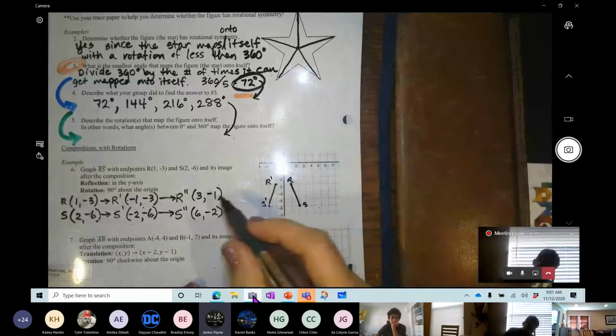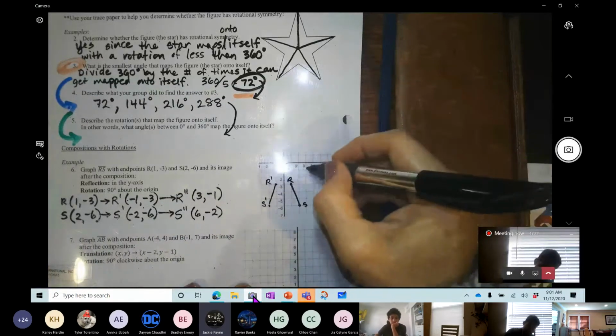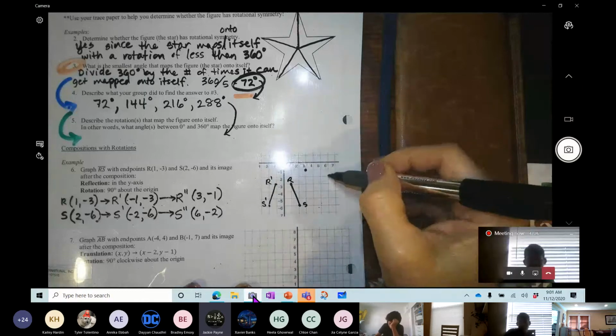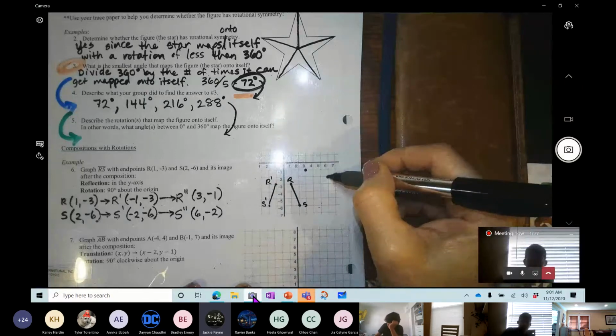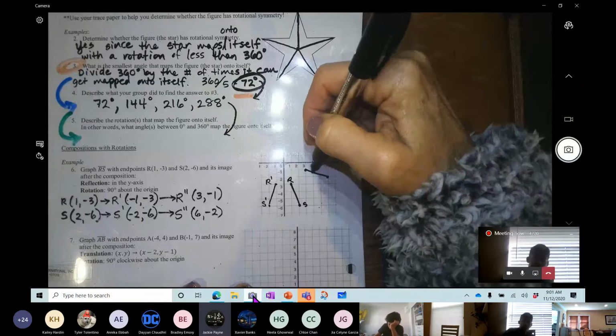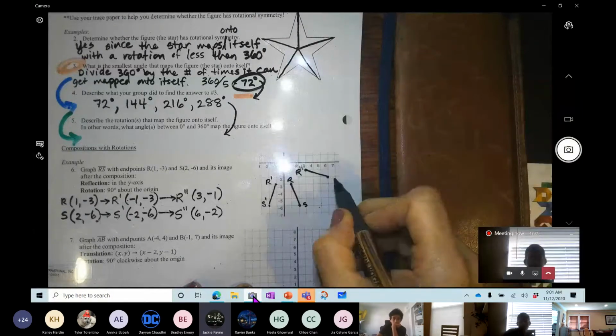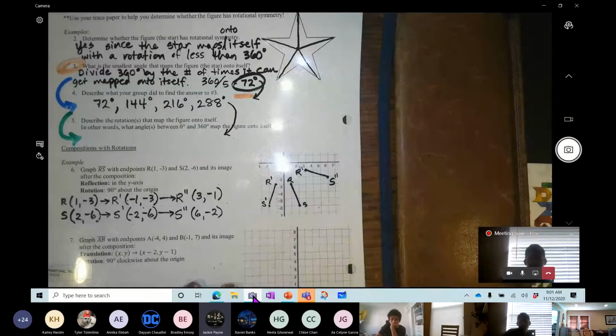So now we can graph these numbers, 3, -1, and 6, -2. Of course, this is R double prime, S double prime.